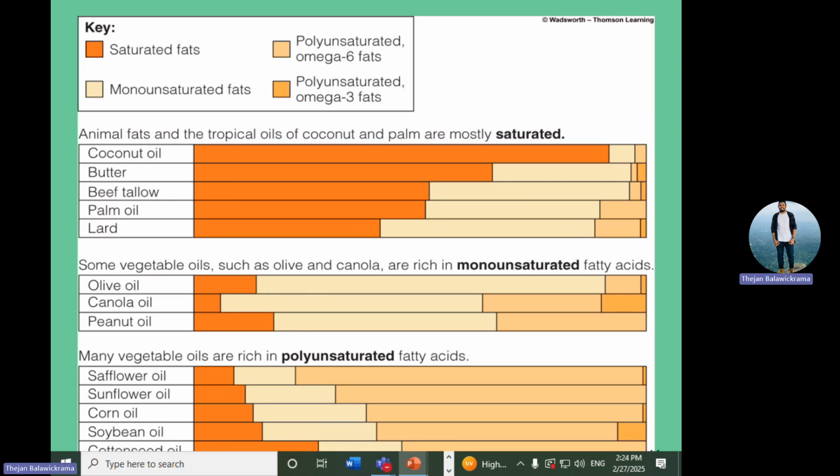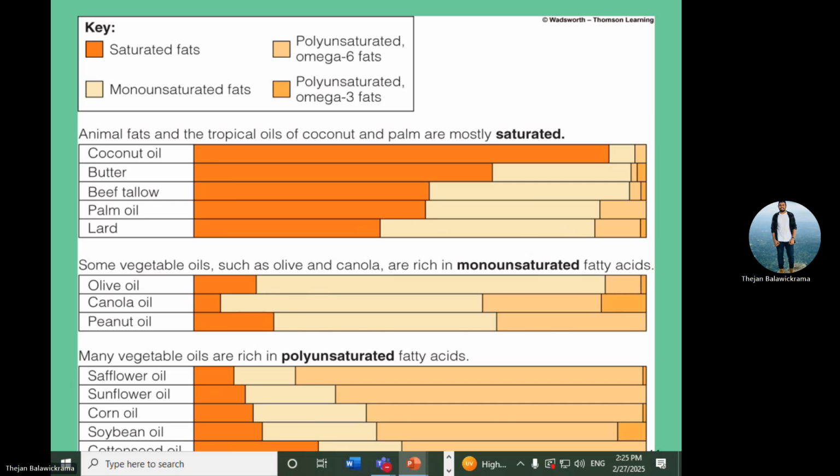Here I'm showing this chart so that you can understand the composition of saturated, monounsaturated, and polyunsaturated fats in certain items, like coconut oil, butter. Coconut oil has a huge amount of saturated fat, that means CC single bonds.